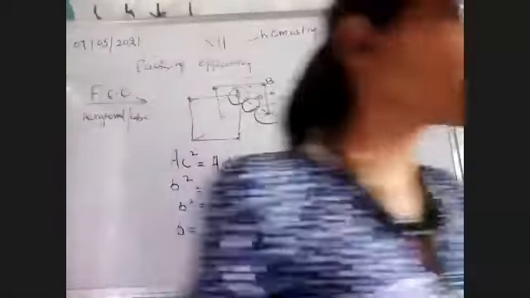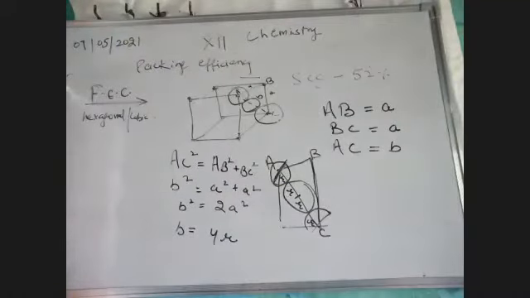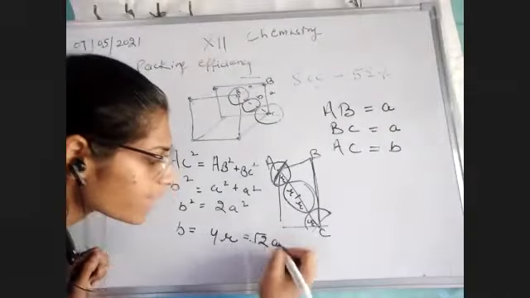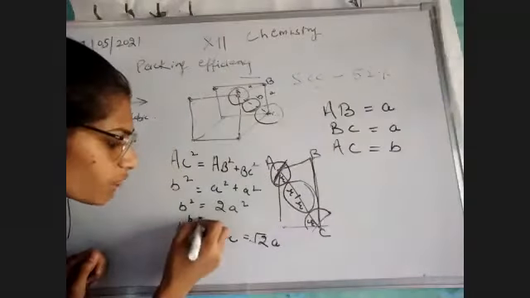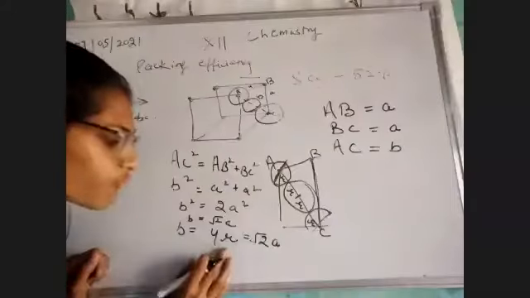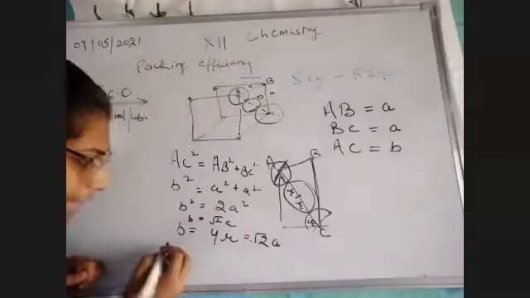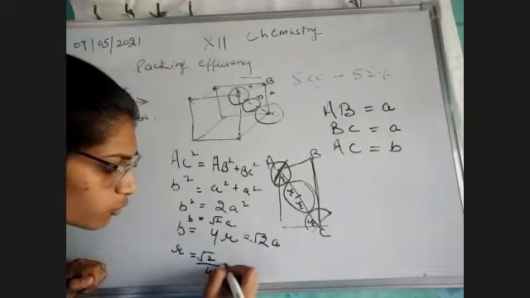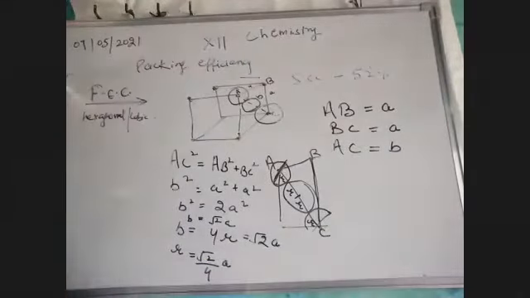So what will we do? We will relate these two formulas with each other. If I take the square root, it would be equal to under root 2 a. If we have to calculate b, would it be under root 2 a? Yes. So b equals 4r equals under root 2 a. And if we have to calculate r, then it would be root 2 a divided by 4.